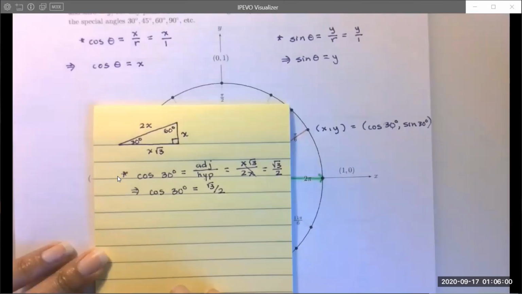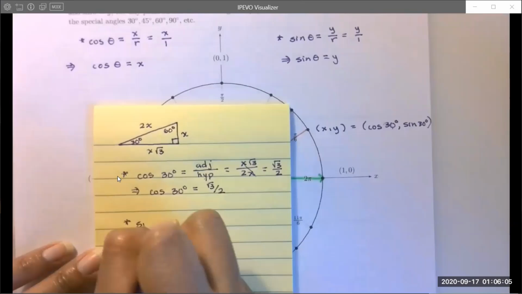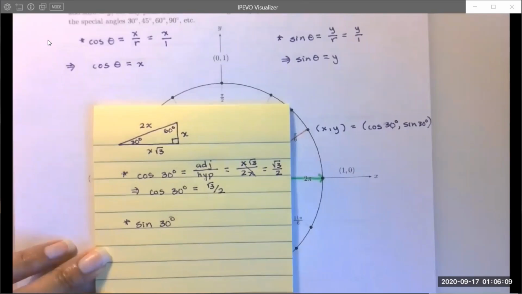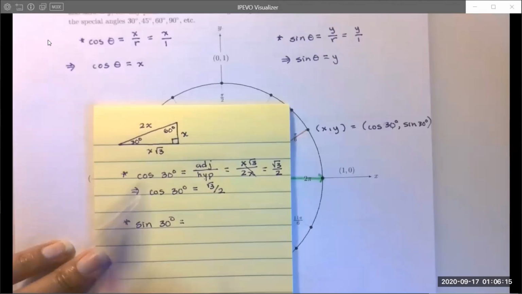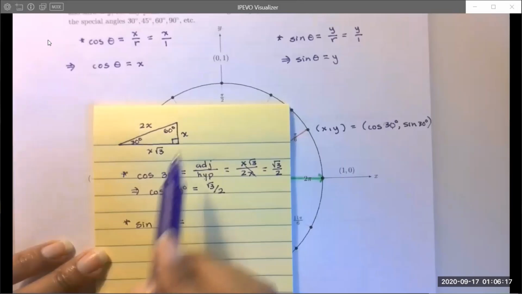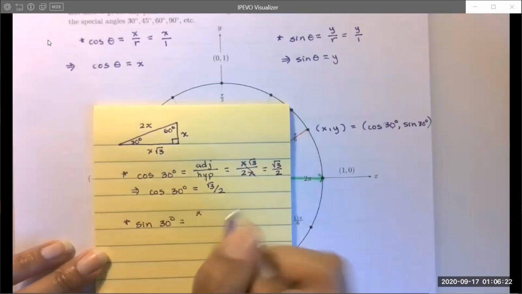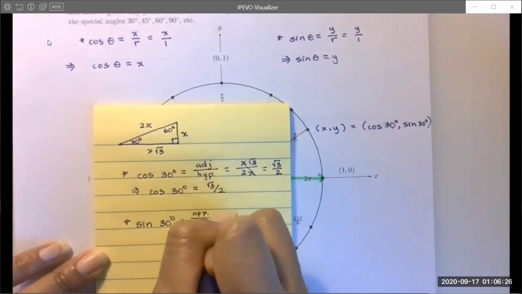Let's do the same for sine. Any questions here with cosine before I move on? Okay, let's take a look at sine. Sine is opposite over hypotenuse. Opposite to 30 is x, and again let me write the definition: opposite over hypotenuse.